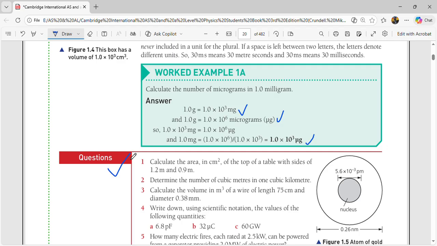Obviously the answer you get after multiplying the dimensions in meters, you multiply by 10,000 to convert to square centimeters. So like that. That is it. You try out these questions, from question 2 up to question 6.